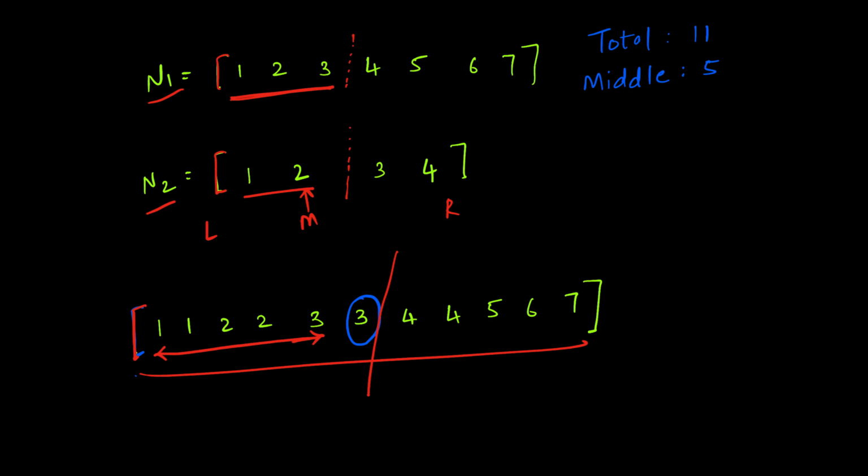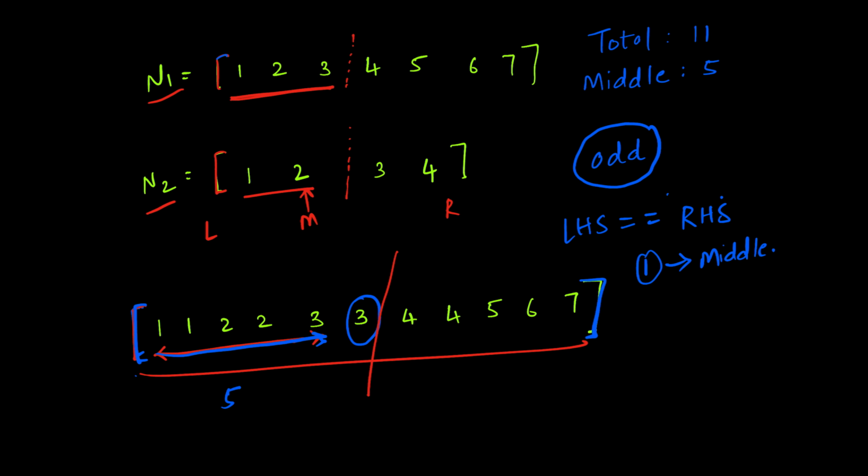Now that we have 5 numbers on the left hand side, we now have to calculate the median. Because there is an odd number of elements between the two arrays, we don't need to calculate the average of two numbers like we did for even numbers. If we look at the combined array, after we have the first 5 numbers identified, the next number is the median, because after that we have another 5 numbers on the right hand side.